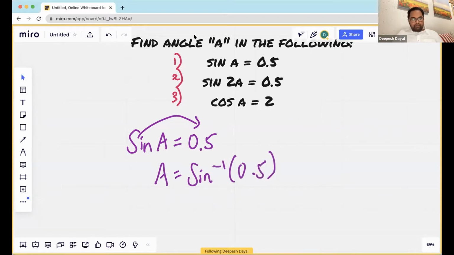Okay, how do you get the answer for the first one, Tumelo? I pressed shift sine and then I put the 0.5 in the equation and then it gave me. Yes. So you're going to say shift sine and you're going to say 0.5. And when you say shift sine 0.5, on your calculator we get 30 degrees. Is that right?